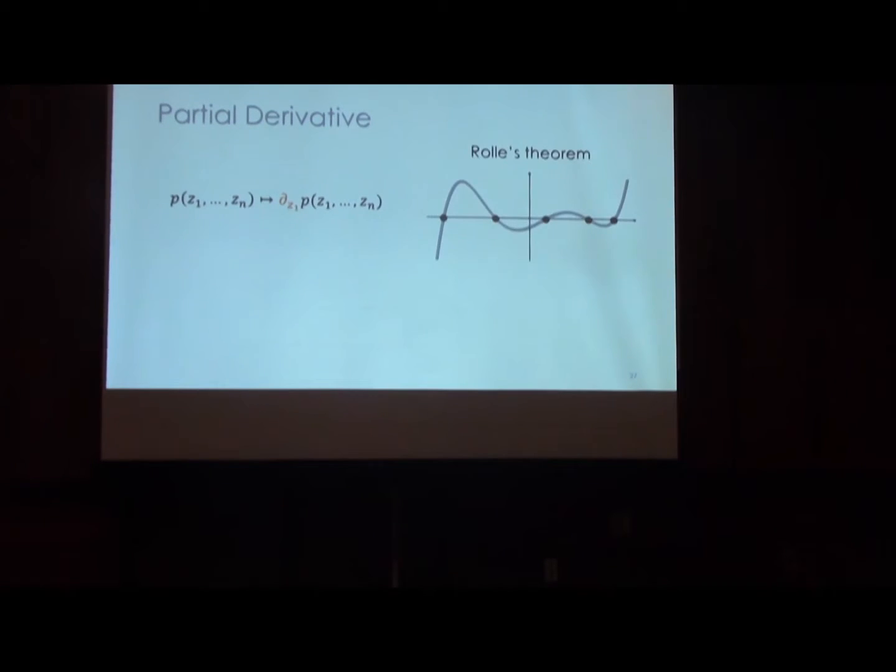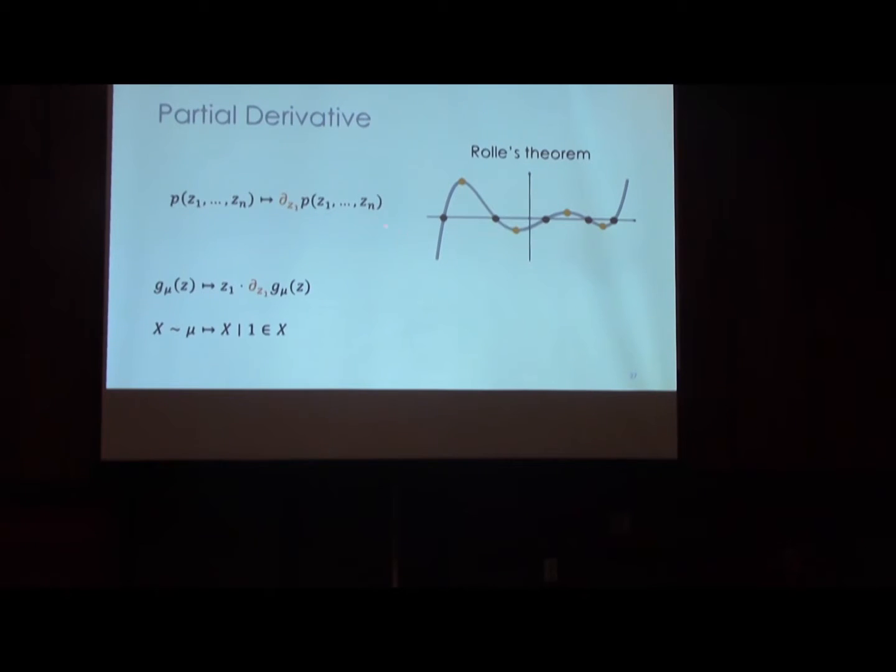In the univariate case, if you started with a real rooted polynomial and took the partial derivative, the fact that you would remain real rooted is basically a consequence of Rolle's theorem, that between any two roots of the polynomial you find a root of the derivative. So this is basically a generalization of Rolle's theorem to the multivariate case. If you have a real stable polynomial and you take the partial derivative, you remain real stable.